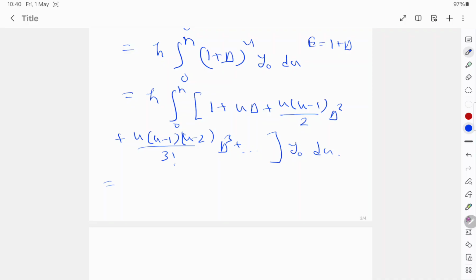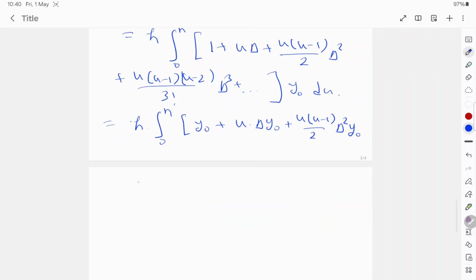Now if you break this thing, the first term is 1 times y0, so this will become h, integral 0 to n, y0 plus u delta y0, plus u(u minus 1) by 2 delta square y0, plus you have this type of terms.